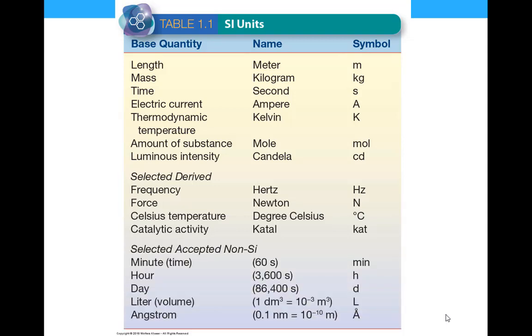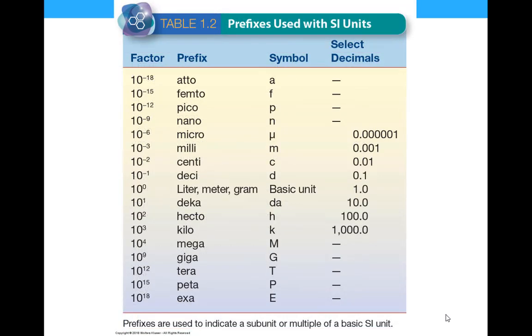And then these are the non-SI units which are in use, although they are not under the SI classification, like minute, hour, day, etc. Liter for volume. Okay, volume in liter, sorry. And these are the prefixes used with SI units. So you need to be familiar with these.